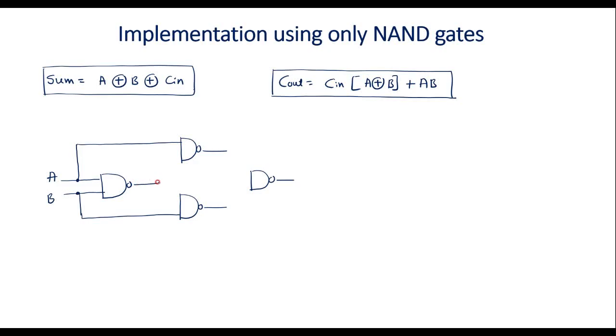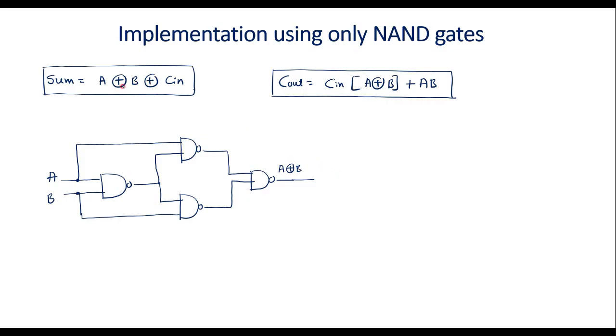The output of the first NAND gate is connected here, and also here. The output of this is connected here, and the output of this is connected here. The output of this will be A XOR B. So now A XOR B is implemented, and it is the input to the next stage, where we XOR with Cin.